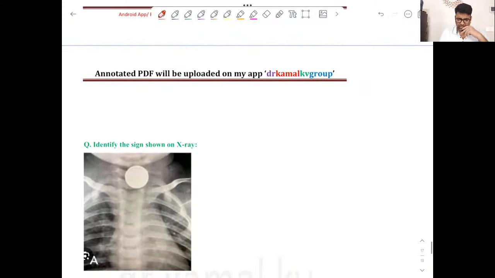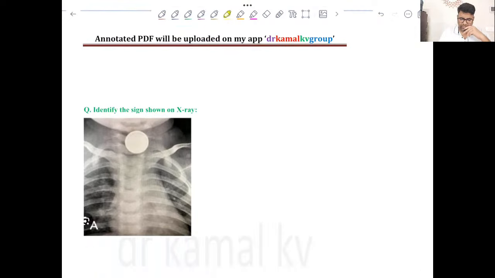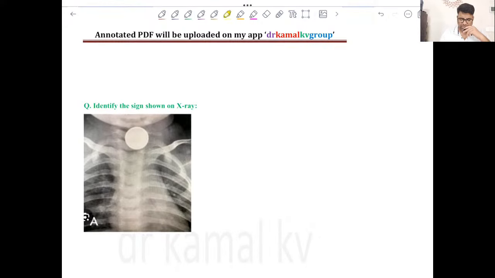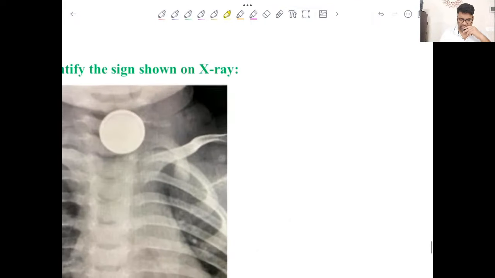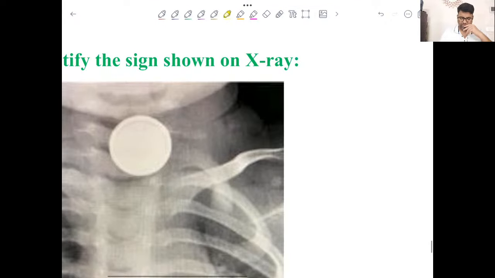Okay. Then there was an X-ray of the chest, and there was a foreign body in the esophagus, and it was asked what sign you can see on the given chest X-ray. Now here, if you look properly, you can see, suppose this is an outer ring, and then you can see an inner ring, something like this.